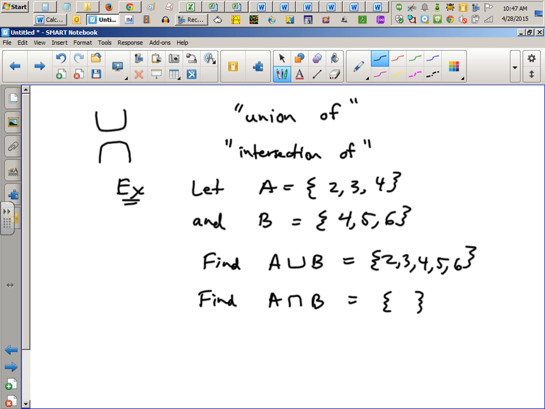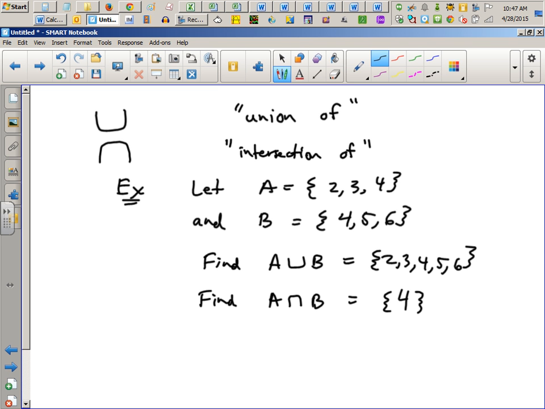What you're looking for now are elements that A and B both share. So look at the two sets. What do they have in common? The answer is they only share a 4. So typically an intersection set tends to be smaller than the original two sets, generally speaking, not always. But union sets are big, intersection sets are smaller, because they're like common elements.